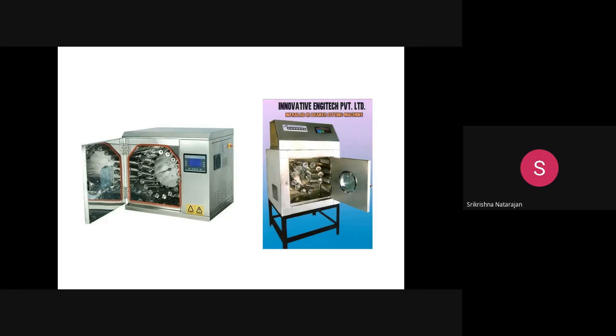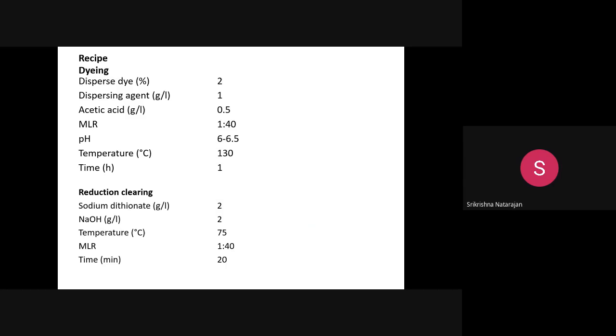But in industries, when you want to dye in bulk, like 500 kg of fabric, you have to use a different machine called the jet dyeing machine, which we are not going to discuss. So for your practical point of view, this is the machine you are going to work on. It contains a beaker inside, and there is a panel board where you can control the temperature, pressure and how much time you want to dye. So now I will move on to discuss the recipe and calculation.